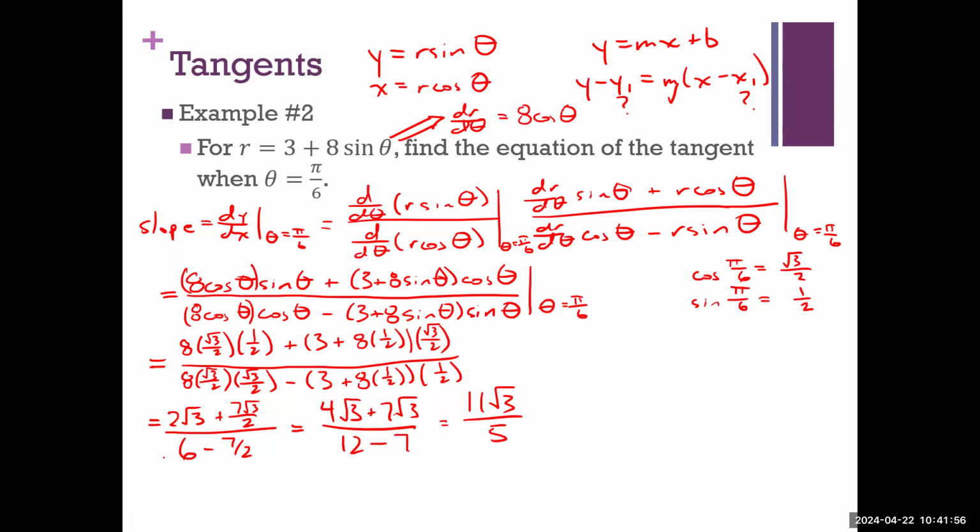What is r sine theta going to give me? Right. So if I want to find y at theta equals pi over 6, that'll be equal to r, 3 plus 8 sine theta, times sine of theta. I'm just going to drop in pi over 6 already.